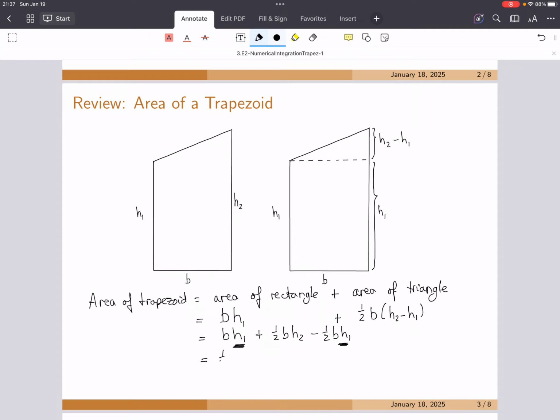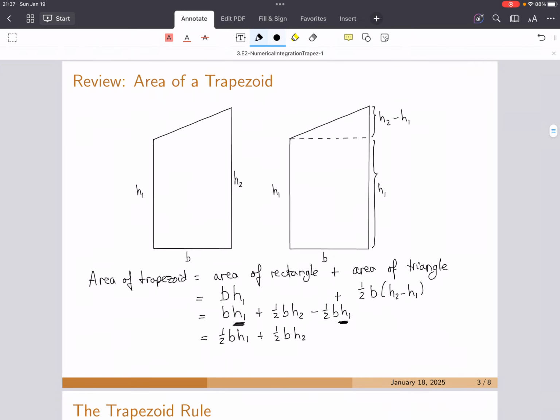So we're left with a half b h1 plus that original half b h2. And we can now write this in two different ways. We can say, well, that's equal to 1/2 b times h1 plus h2. Or we could write this as b times h1 plus h2 divided by 2.